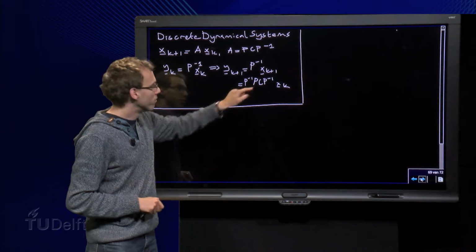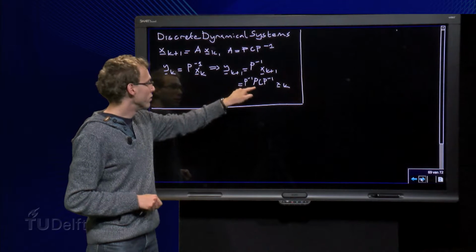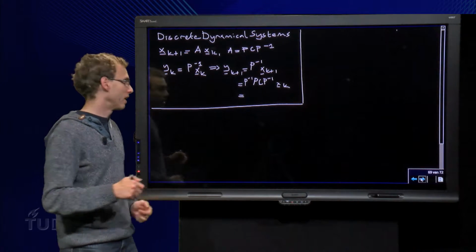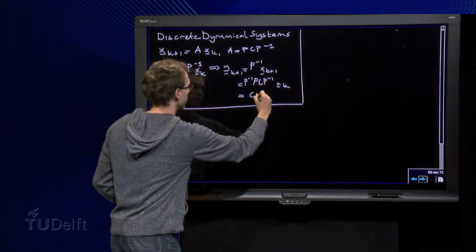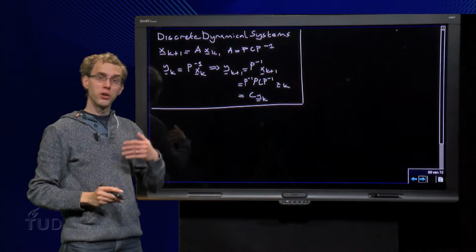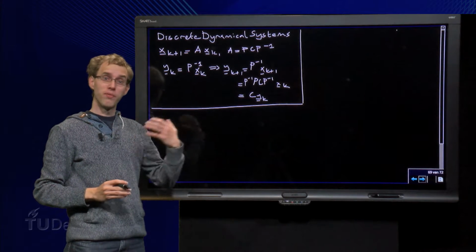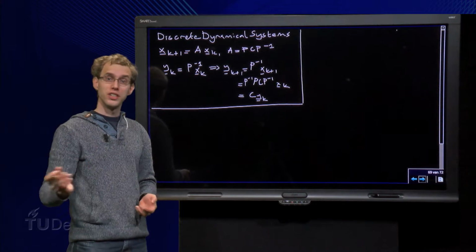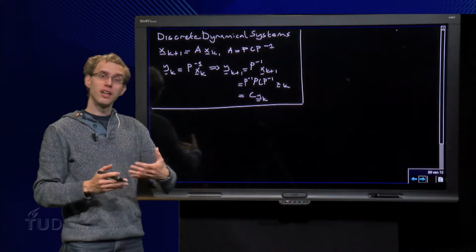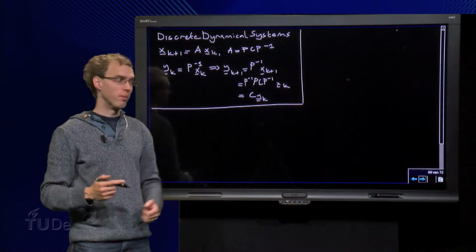Then the P inverse and P cancel out here. We have a C left and a P inverse times xk, which yields a yk. So we find C times yk. So the y problem is just yk plus 1 equals C times yk, a problem we have already solved. So let's do an example to solve the full problem.